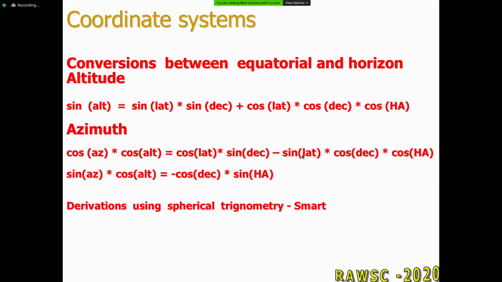And although this effect is very small, it does lead to a substantial shift in the right ascension and declination coordinates. So in order to minimize that, the International Astronomical Union in the 1990s decided a new year for defining RA and DEC, and that is the year 2000. Okay. And this is known as J coordinates.